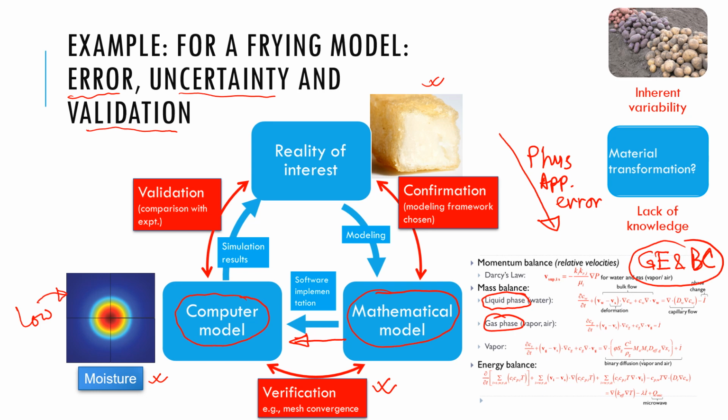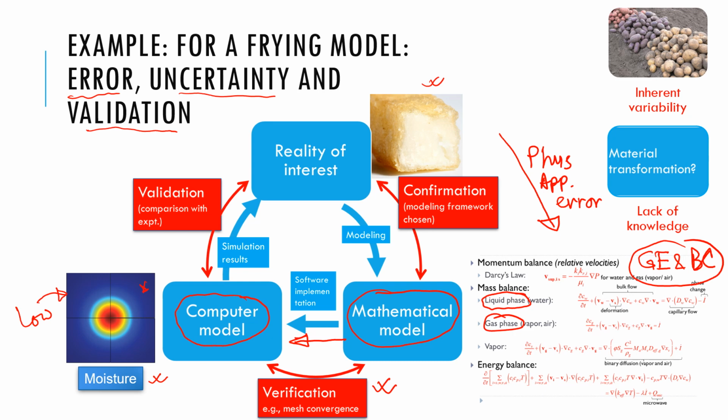In case of frying, two of the things we can compare easily are the measured point temperatures. If we measure a point temperature, we can compare with that, or overall moisture. For overall moisture, we just look at how the weight changes with time. These two can be easily done.